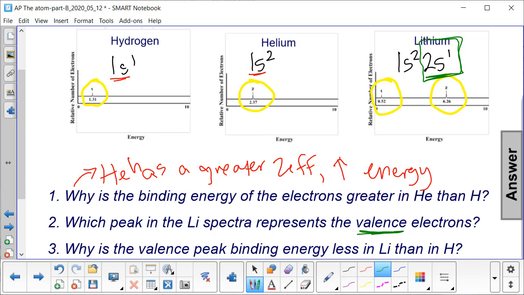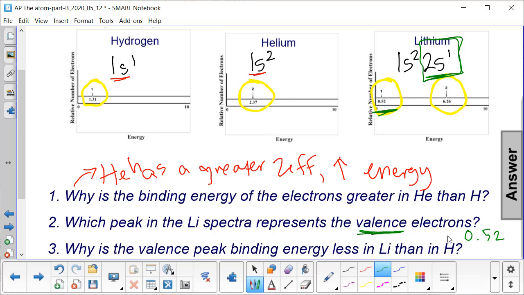And so the peak for that one electron is right here. Okay, so the valence electrons have a lower energy because it takes less energy to remove the outer electrons than it does the inner electrons. So the lithium valence peak is the 0.52 peak, with one electron.